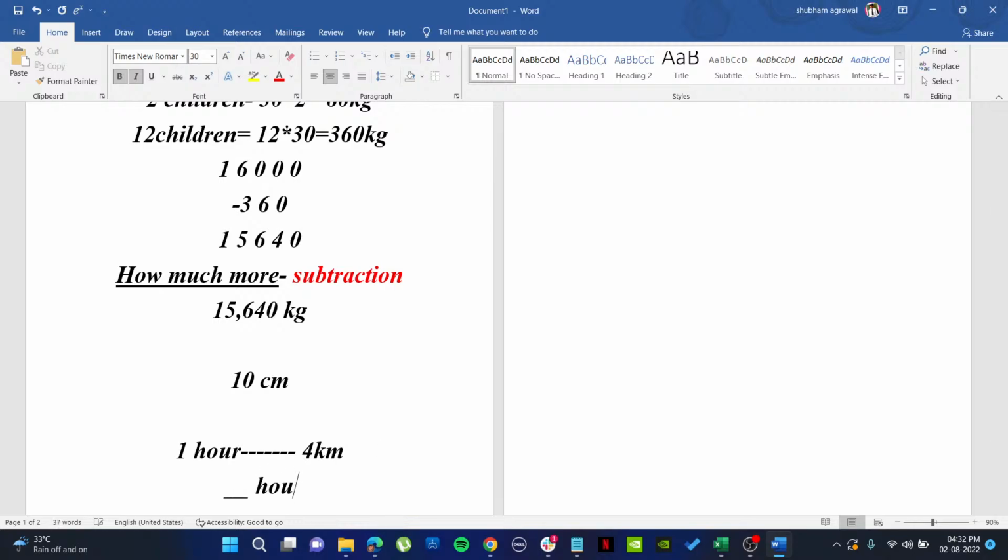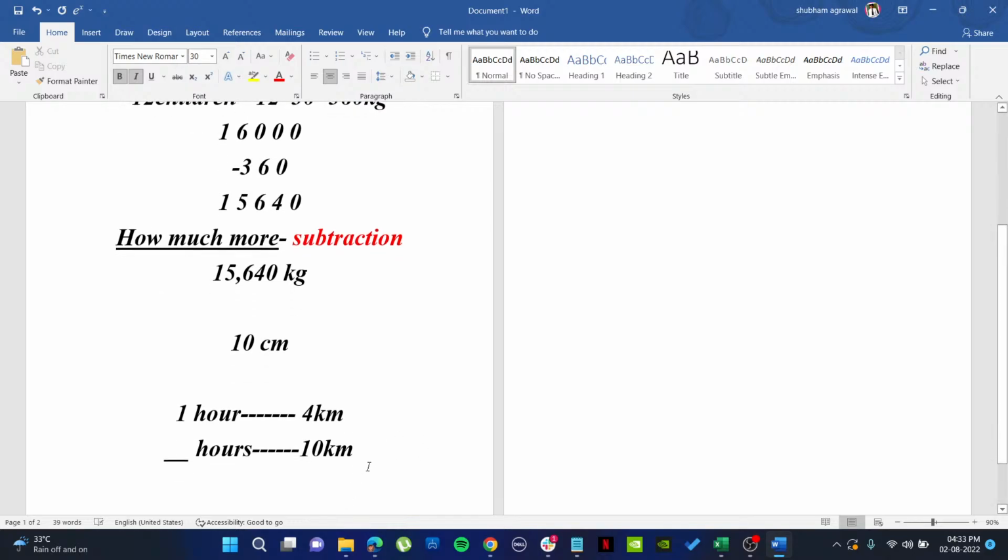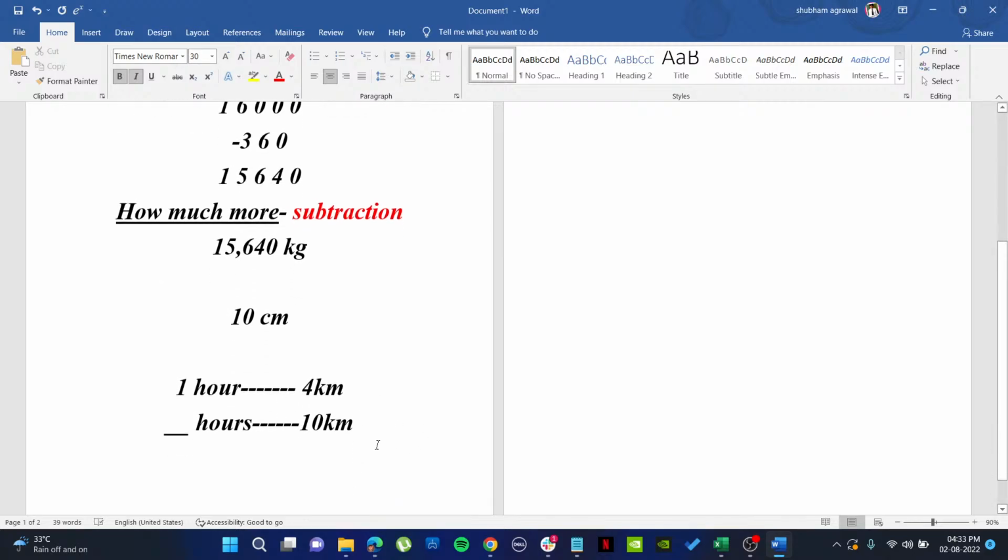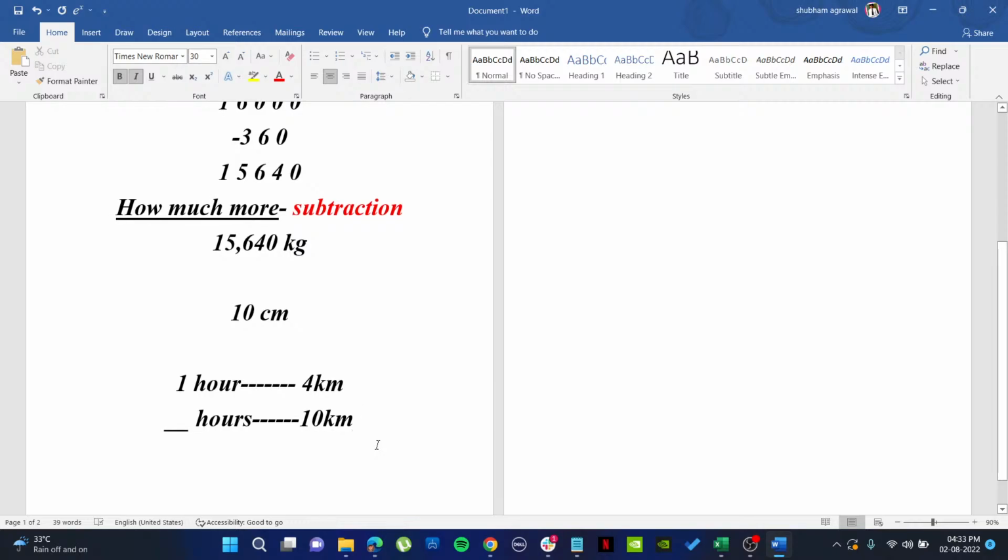So how much time? We can solve this calculation with the help of the required operation, and that required operation would be division.